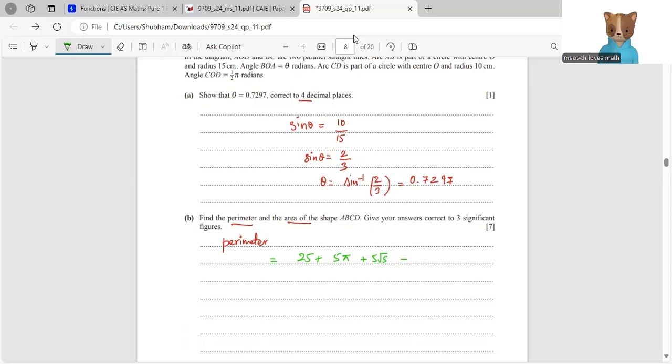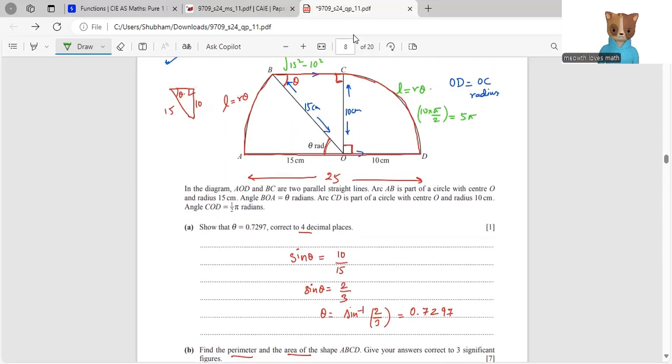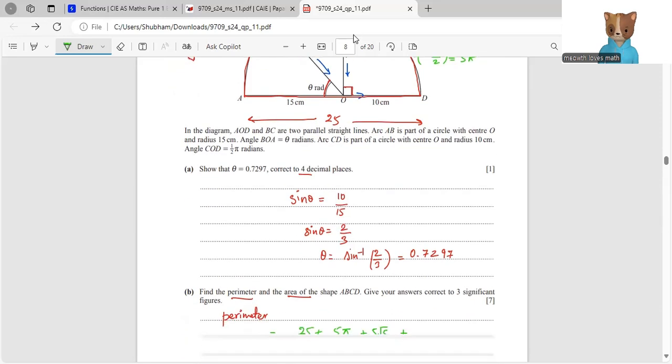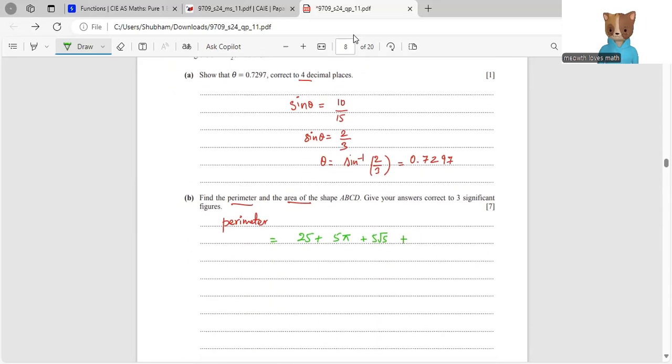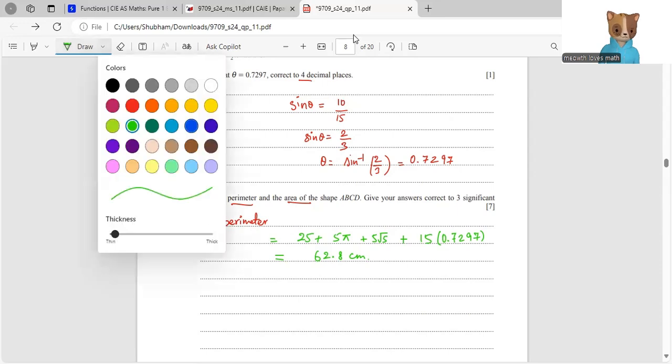And then you have L equal to R theta for the arc length AB. So AB is also R theta, which is 15, and theta we know it is 0.7297. Theta we have already calculated in the previous part. And then when you add this up, you will basically get 62.8. Okay, obviously centimeters. So this is up to 3 significant figures. I hope it is clear to you.